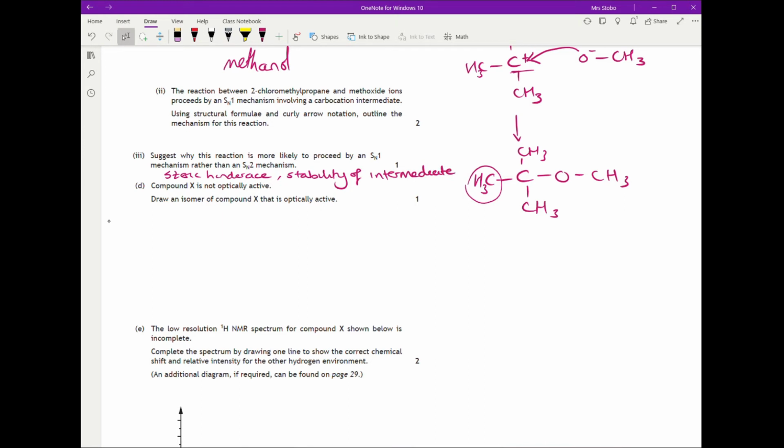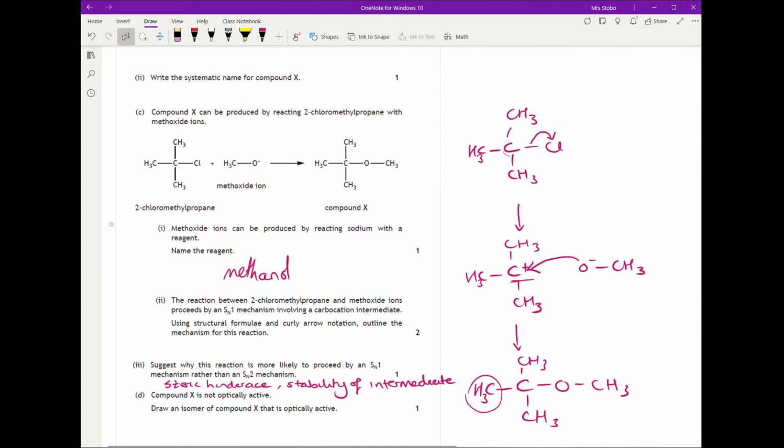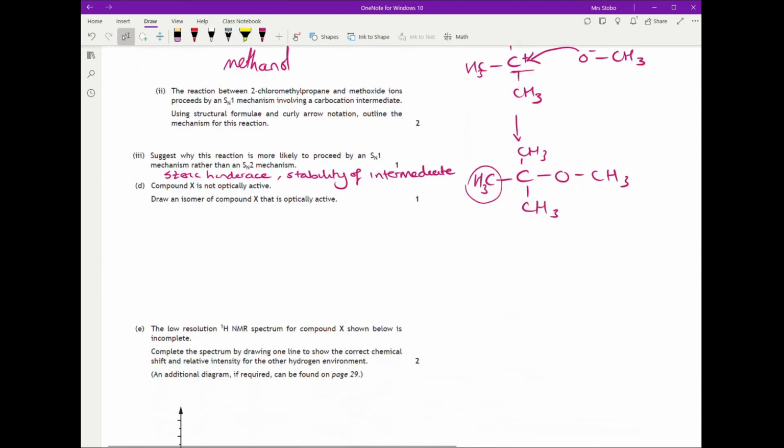Okay, draw an isomer of compound X that is optically active. So compound X is our whole thing here. Right, for it to be optically active, it must have one carbon which has 4 different substituent groups attached to it. It's got 5 carbons here, so 1, 2, 3, 4, 5.